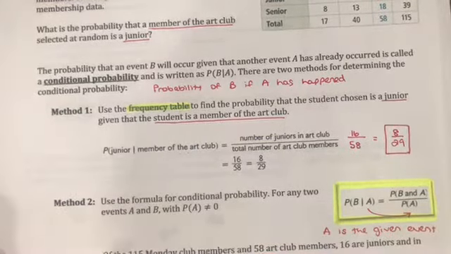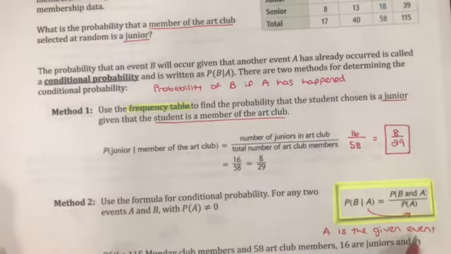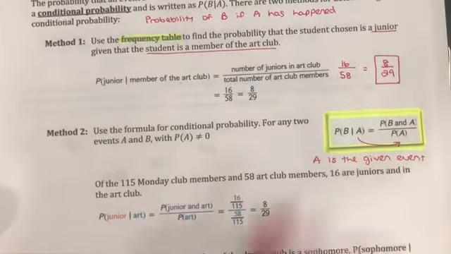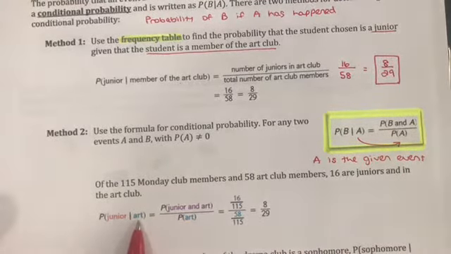So in this case, we're talking about the fact that the student's a member of the art club. So given that they're a member of the art club, what's the probability that they're also a junior?